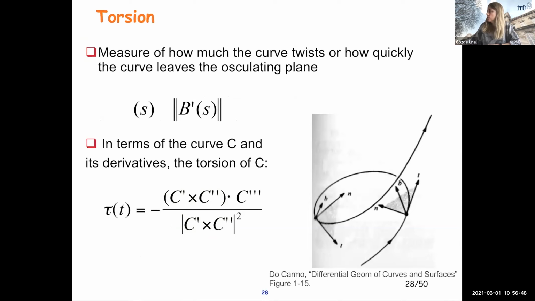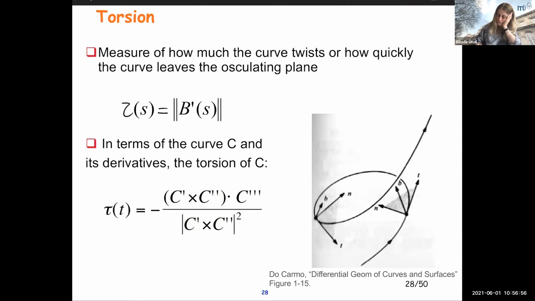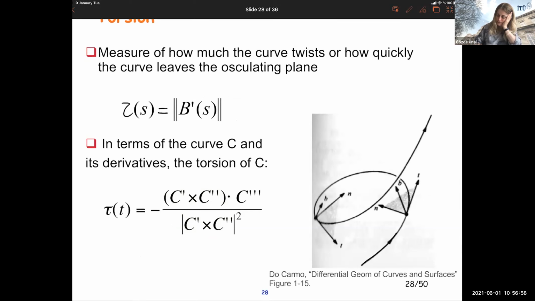The equations, we've already defined the torsion as the magnitude of the binormal prime. And here is another helix-like curve you can see with a lot of twist, right? And look at how this frame T and B changes, right?